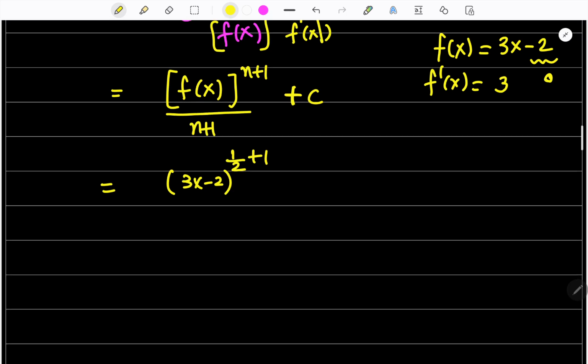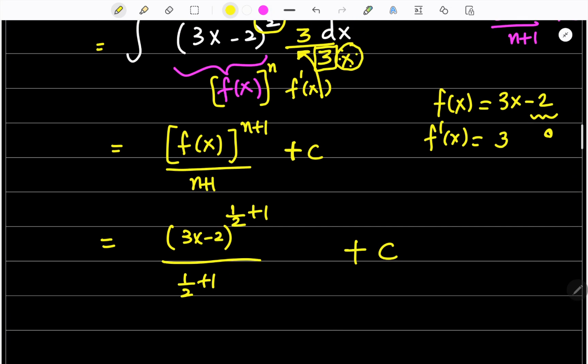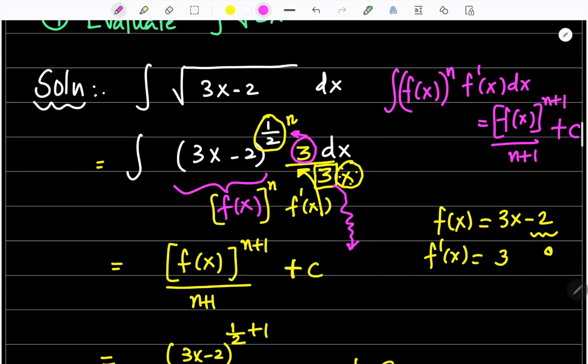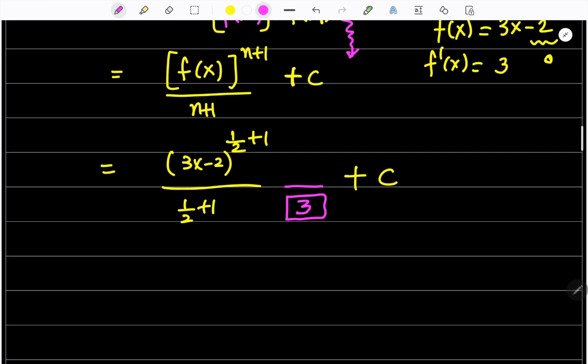So half plus 1 divided by half plus 1 plus integrating constant c, and the one which you forgot is divided by 3. Don't forget this, because this 3 is utilized by the formula. This 3 is the pending one which comes down, same like the previous question. Is it okay? Right.